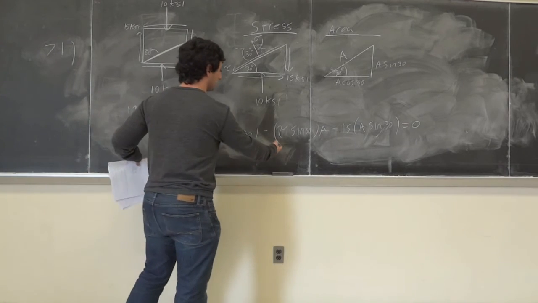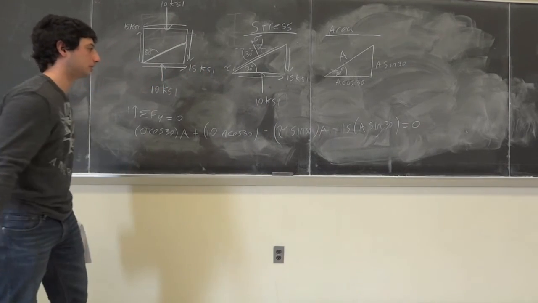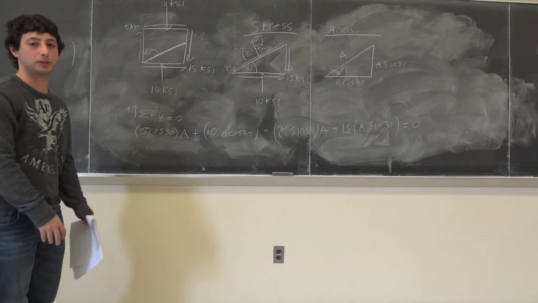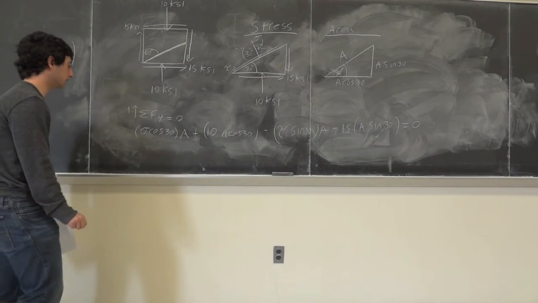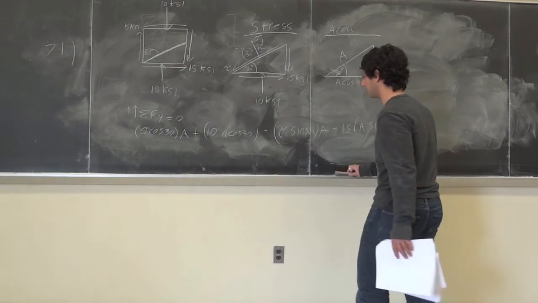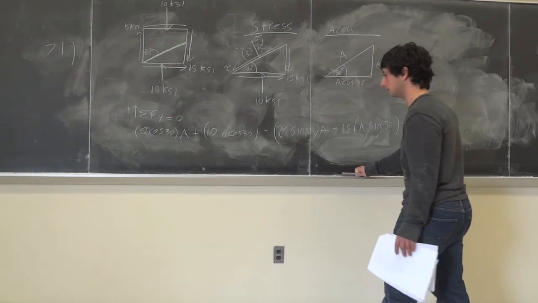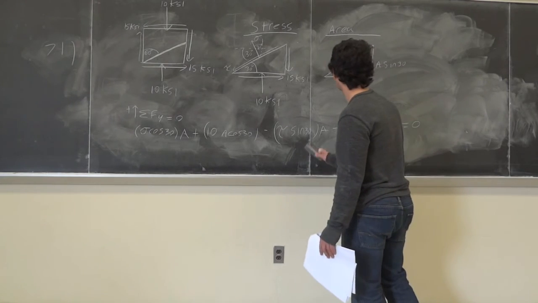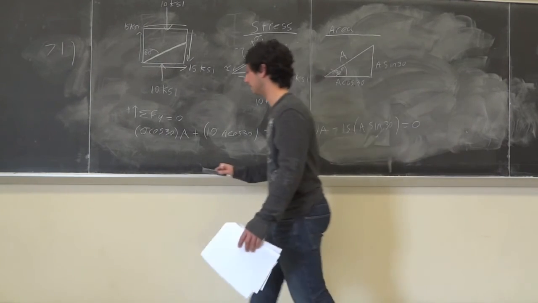We have two unknowns, right? So we're going to have to sum the forces in the y direction to get another equation, and then you can just do algebra and solve. You guys know what it is. Let me write the other equation right over here. You can do it underneath it. Yeah, good idea.